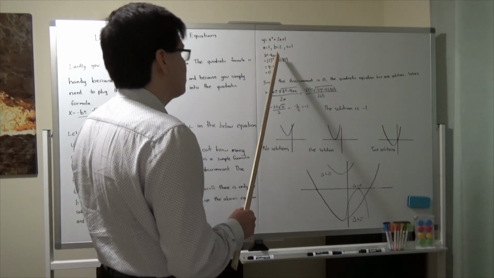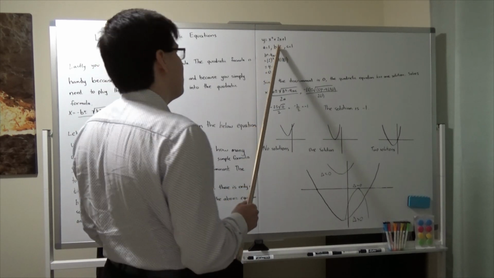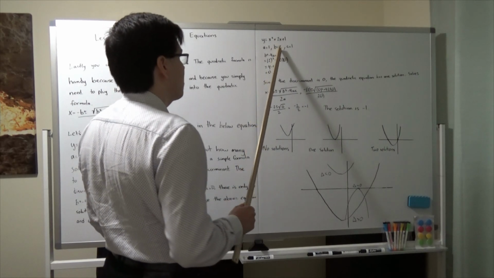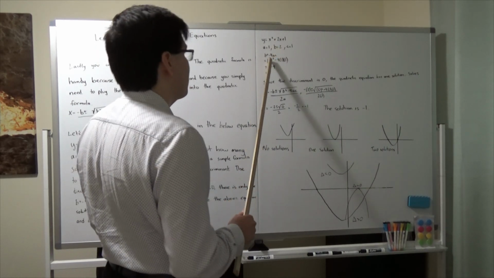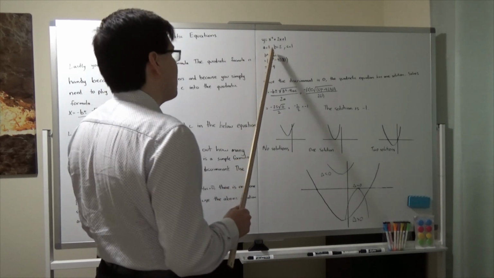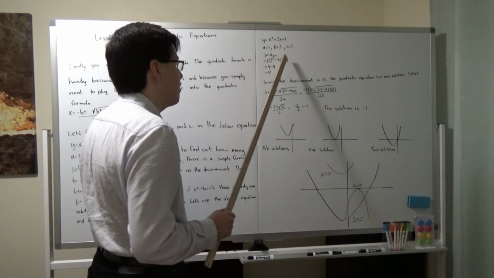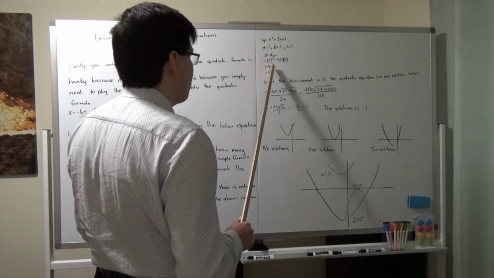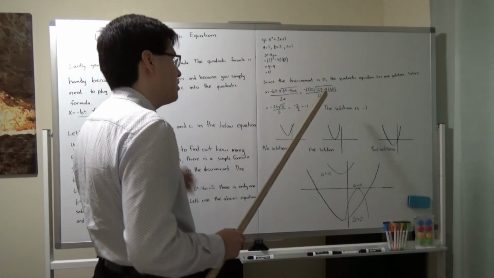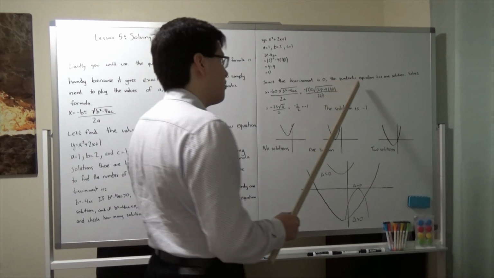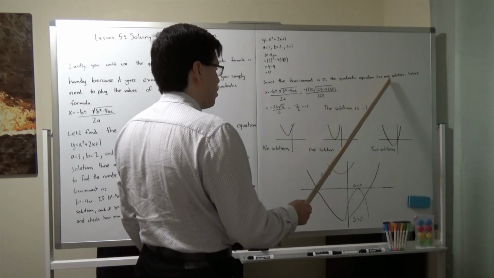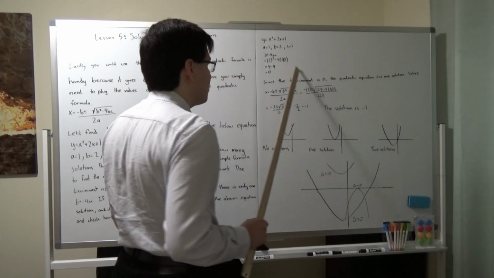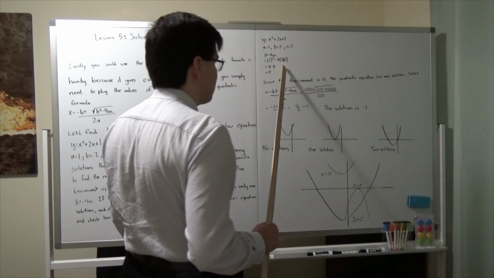Simply plug in the values of a, b, and c into the discriminant, b squared minus 4ac. 2 squared is 4. 4 times 1 times 1 is 4. 4 minus 4 equals 0. Since the discriminant is 0, the quadratic equation has only one solution.